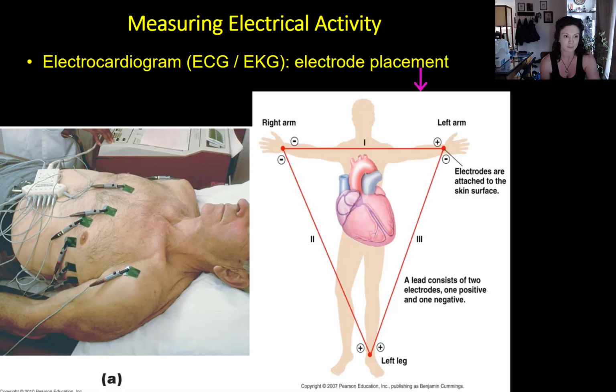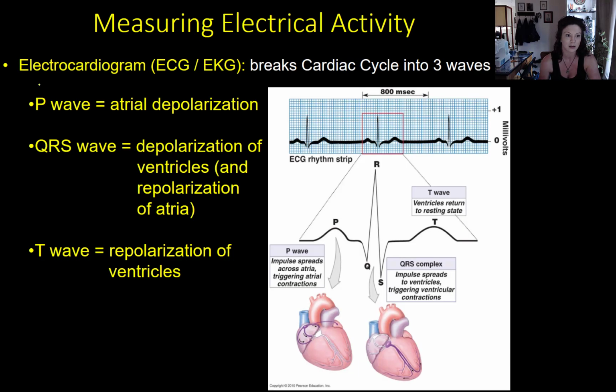It's all here in the name. Electro, meaning electrical, cardio, meaning heart. So you're looking at the electrical impulses inside the heart. Now what's interesting is the cardiac cycle can be broken into 3 different waves of electrical output.